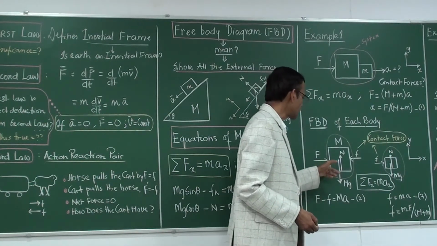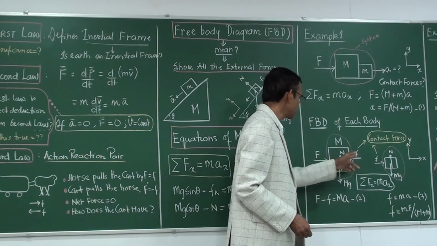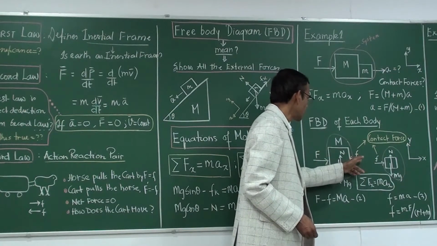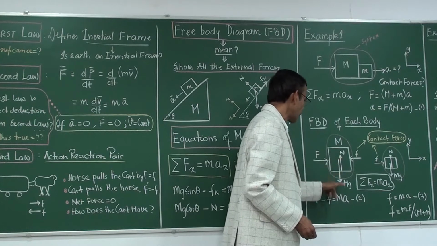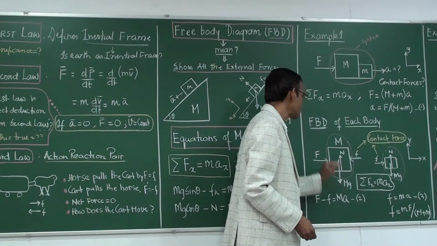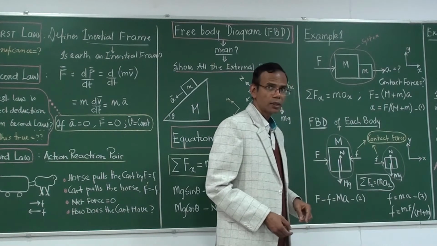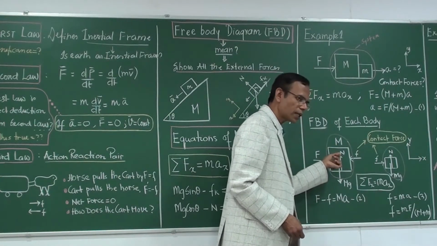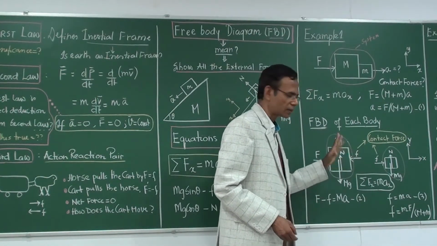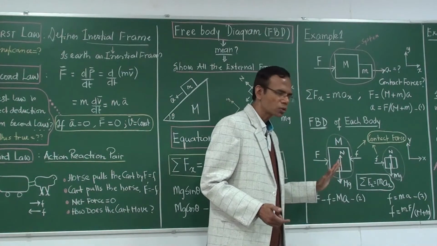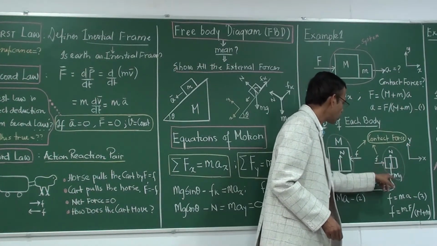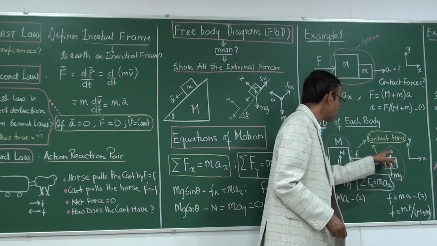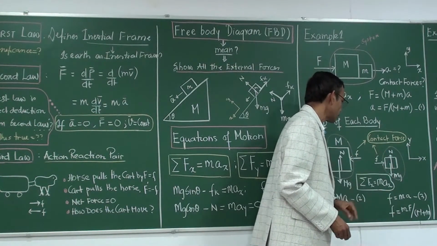In this system, what are the forces? The force F which is applied, the reaction force f, the normal reaction N, and the force of gravity mg. These are the forces. Now if you draw it using a point mass, that is better; otherwise this is also okay. Here also, you see the force of gravity, the normal reaction, and this f.